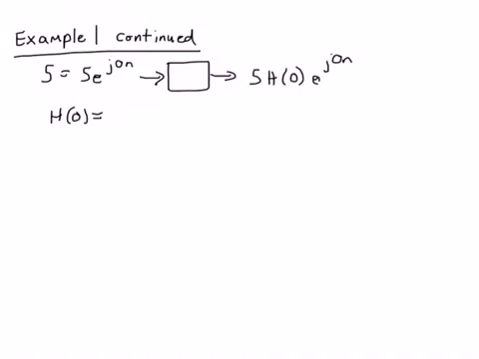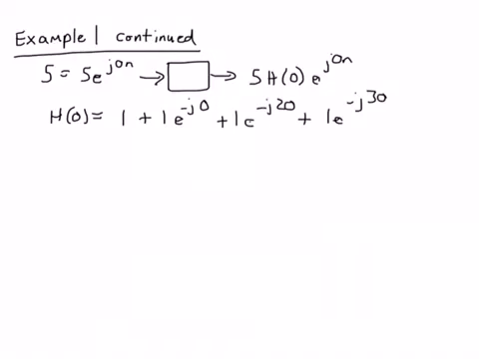So H of 0 is going to be 1 plus 1 e to the j0 minus j0 plus 1 e to the minus j20 plus 1 e to the minus j30.